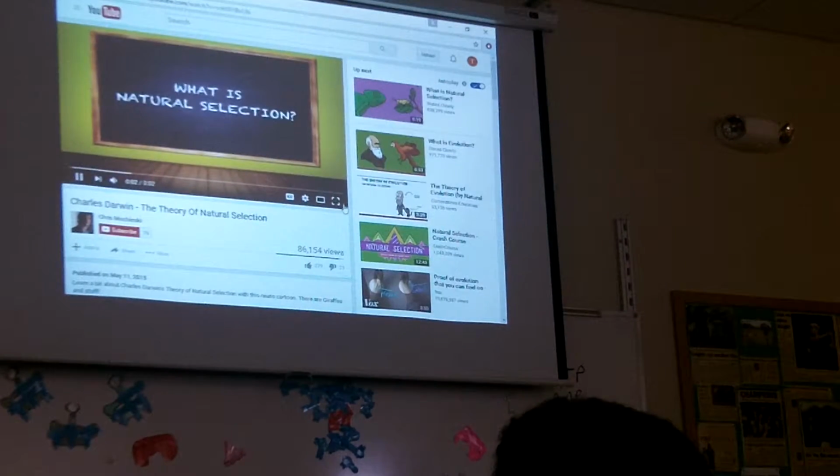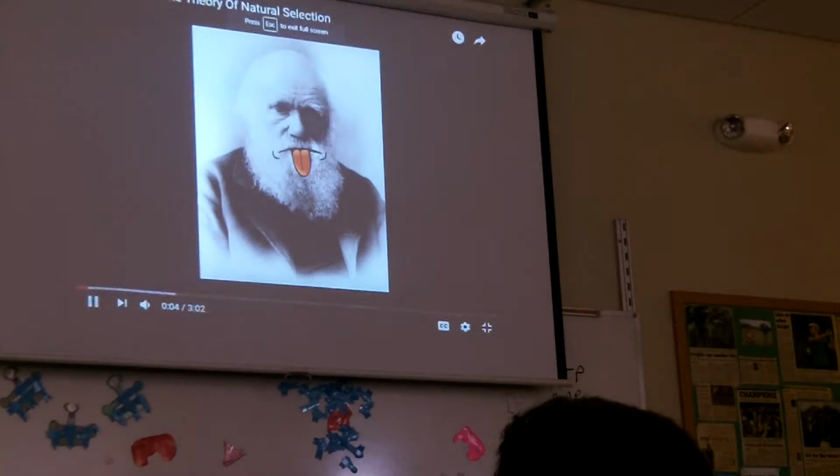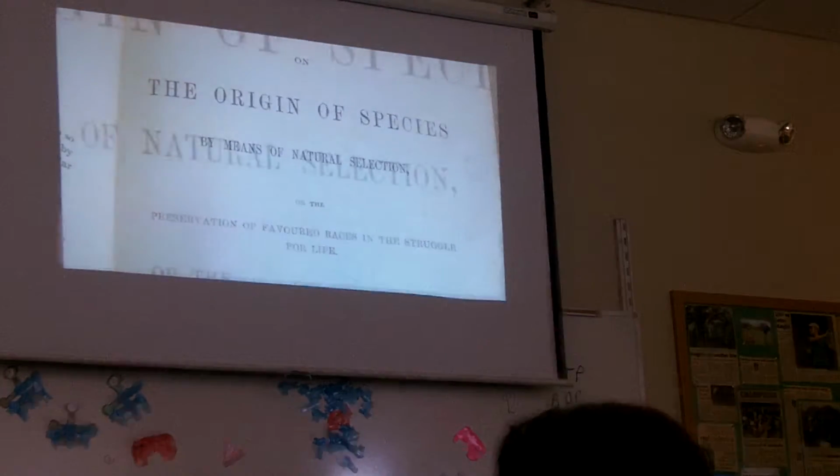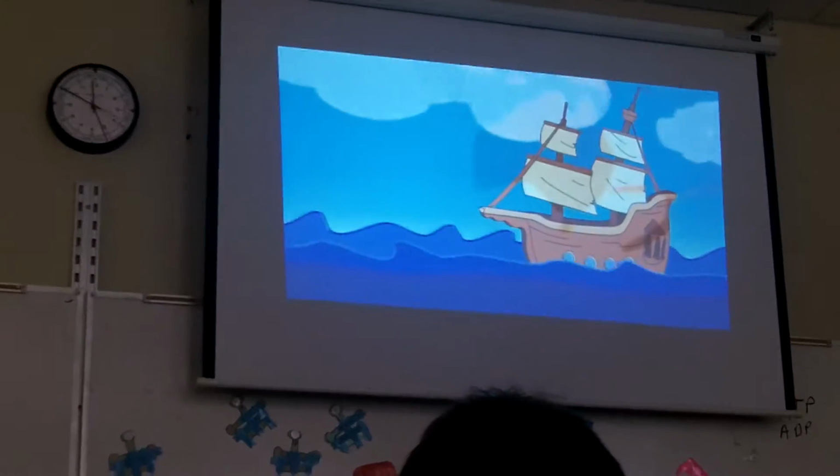The theory of evolution was developed by Charles Darwin and published in his book On the Origin of Species. He explained that natural selection is the process behind evolution. Charles Darwin developed his theories after his adventures upon the HMS Beagle. In his travels, he observed that creatures found on the islands he visited were similar to ones found on the mainland, but appeared to be slightly different.